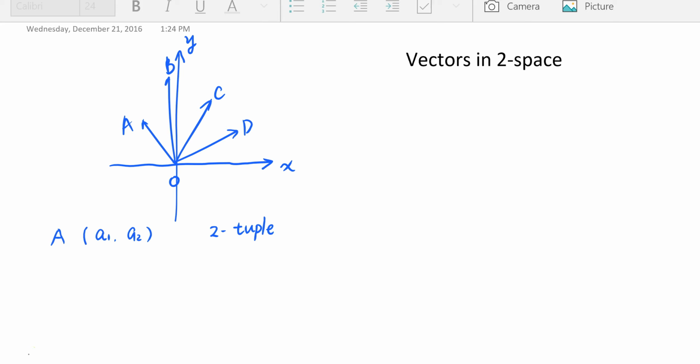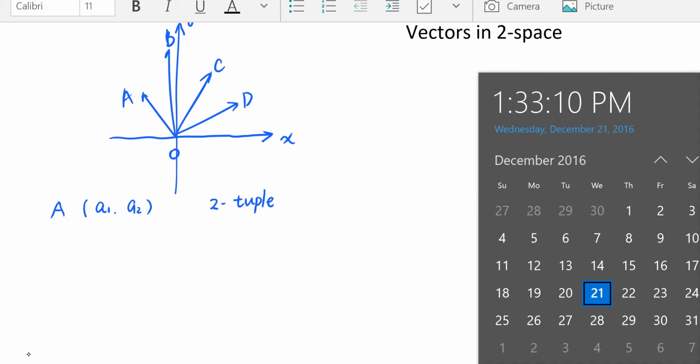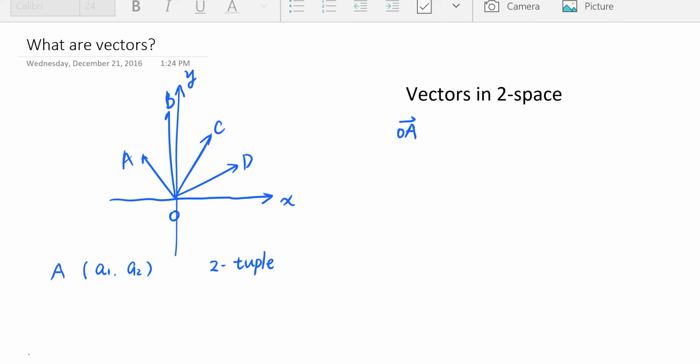Suppose the coordinates of point A are the two tuple a sub 1, a sub 2, where a sub 1 is the x-coordinate and a sub 2 is the y-coordinate, then we can essentially represent vector OA with this two tuple a sub 1, a sub 2.